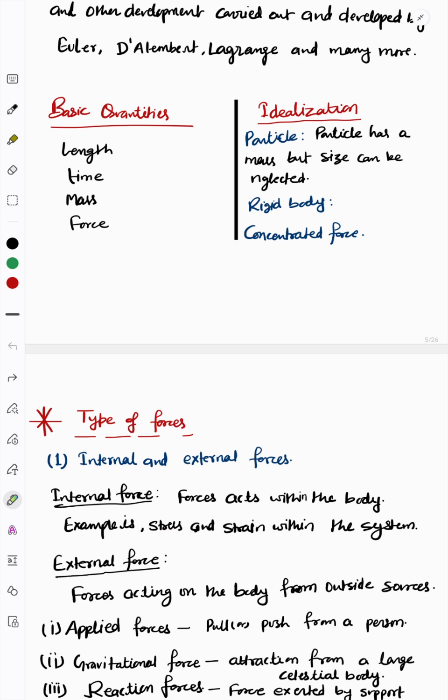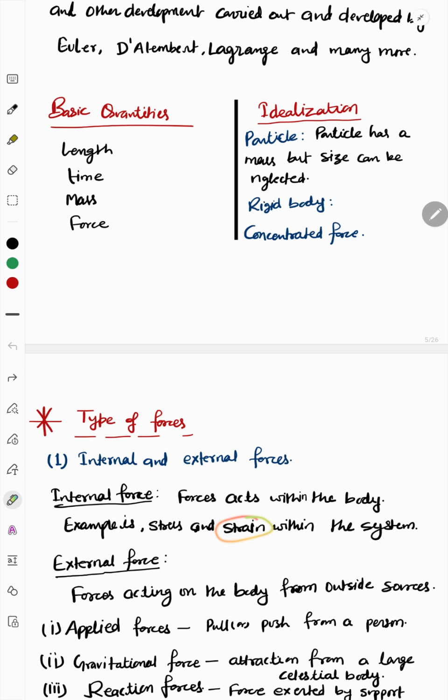That deals with stress, load per unit area, and whatever changes are going to happen in that object, that defines strain.